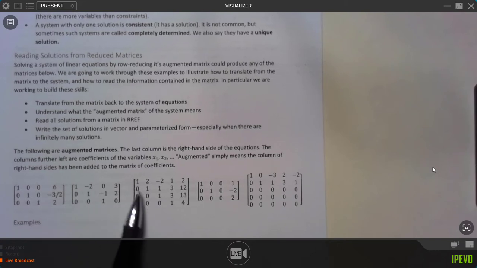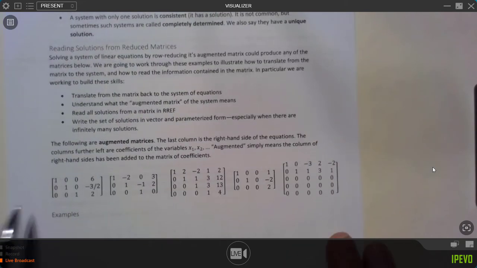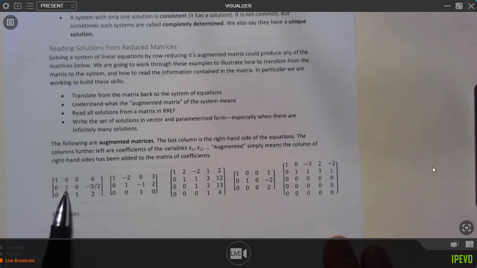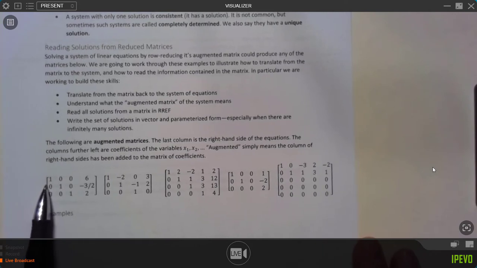What they say is this: if you pick any row in a reduced matrix, you're going to find a couple of different patterns. The first one is this: as you scan across the row, the first non-zero entry that you encounter has to be a 1. So I scan across this one, first non-zero is a 1, first non-zero is a 1, that one passes that first test. As a matter of fact, all of these pass that first test.